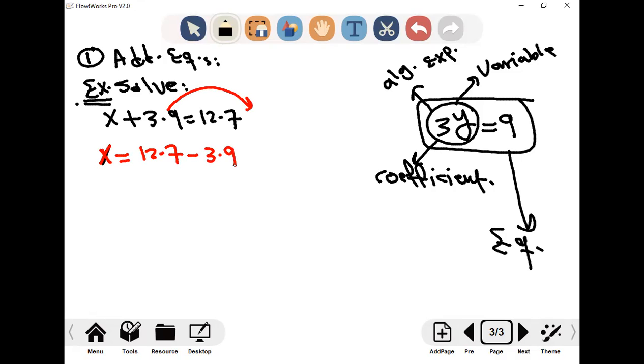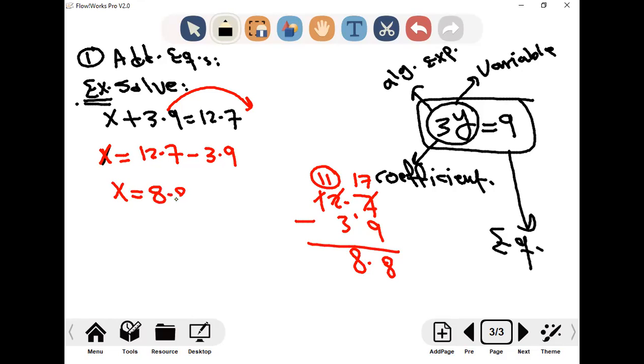And we do normal subtraction: 12.7 minus 3.9. 7 minus 9, we cannot. So 17 minus 9, how much? 8. The decimal comes down. 1 minus 3, it cannot, so 11 minus 3 is 8. So it's 8.8.